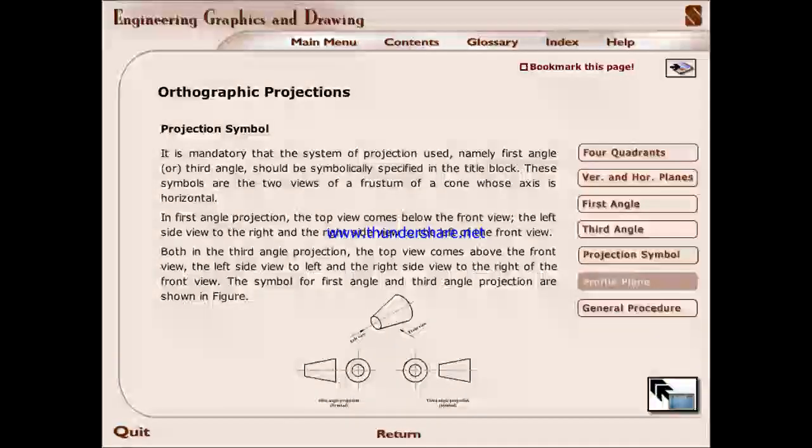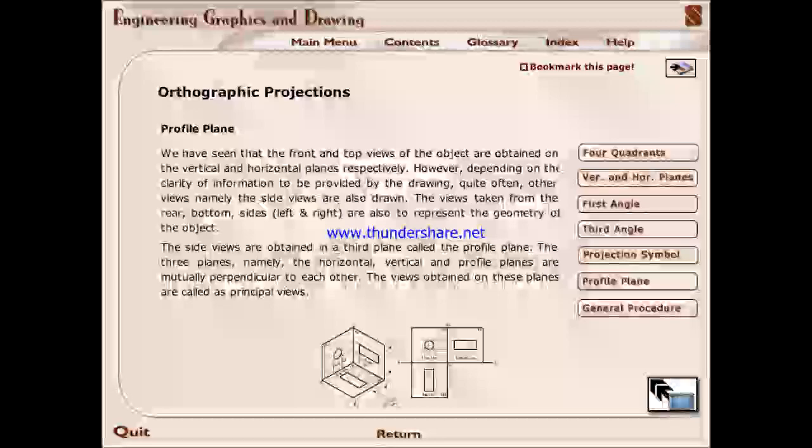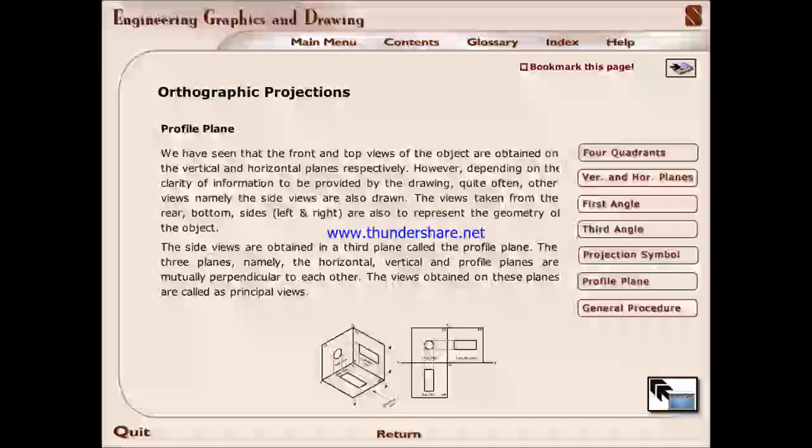Next, profile planes. We have seen that the front and top views of an object are obtained on vertical and horizontal planes respectively. However, depending on the clarity of information to be provided by the drawing, quite often other views, namely the side views, are also drawn.